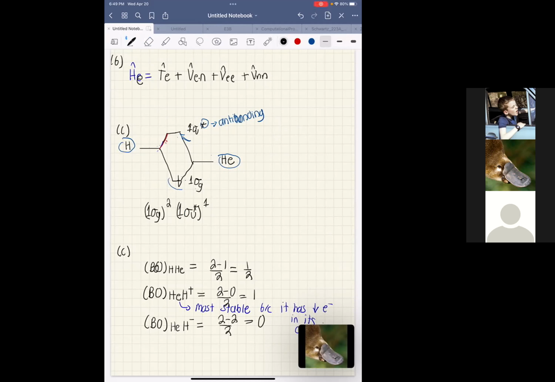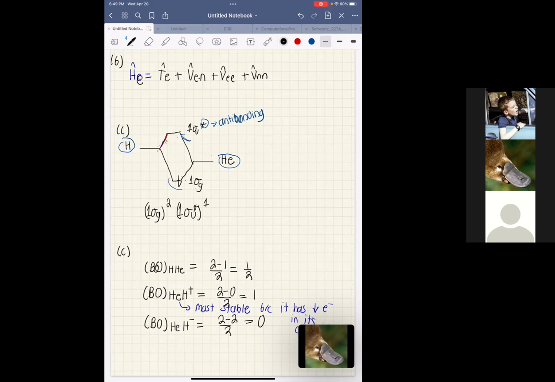So for HeH plus, that's where we have two electrons. Does that two electrons belong to helium? I wouldn't say it belongs to helium. I would say it's just the overall charge of the molecule. So when you're talking about molecular orbitals, don't talk about each atom separately.